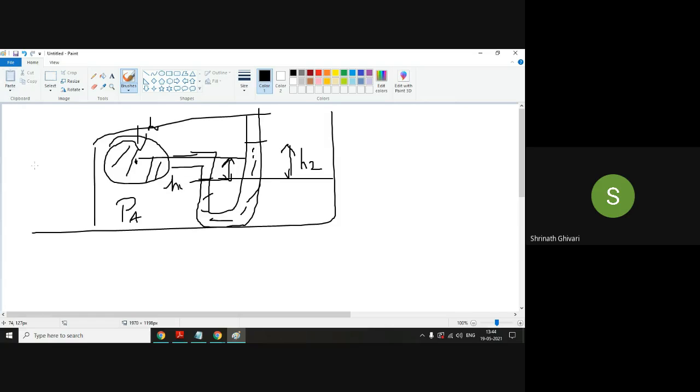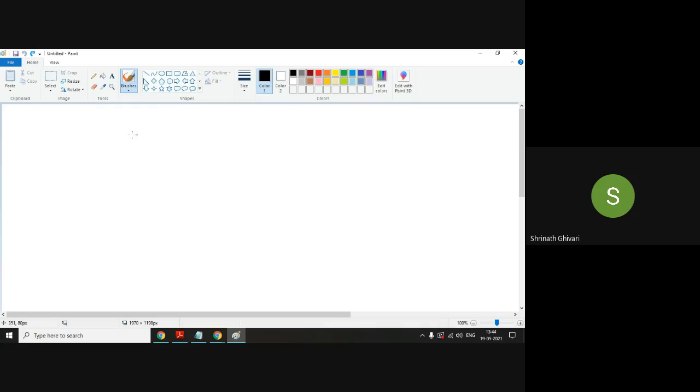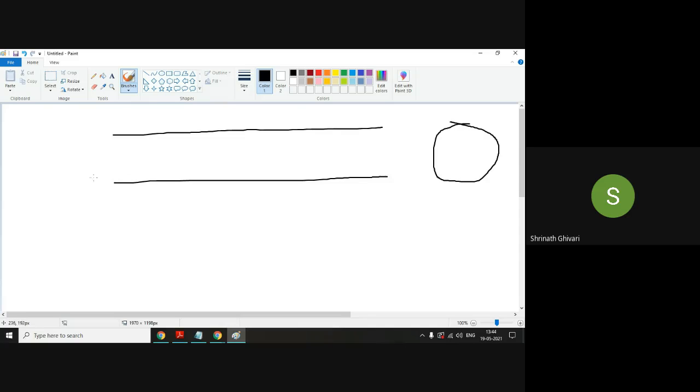Now the question is, if I want to measure the pressure difference in a pipe, for example, consider this is a pipe. From the side view it looks like this, and there are two sections. I want to know the pressure at two sections, so I'll connect a manometer over here and a manometer over here.